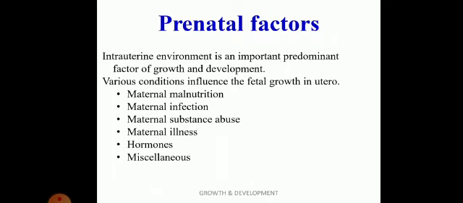A few persons are more prone to get this. Or sometimes in the 7th or 8th month of pregnancy there may be increased blood pressure, known as eclampsia. Sometimes juvenile diabetes, gestational diabetes, all these conditions present in the mother may also lead to problems.